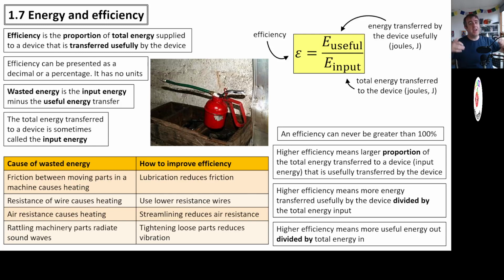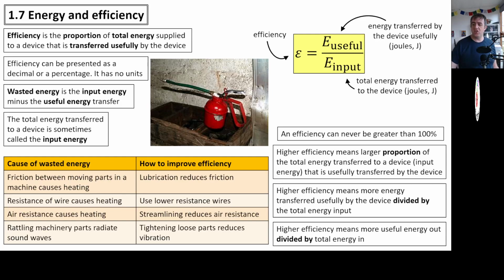But the energy that comes out, some of it will be useful, going into a useful energy store, some of it will be going into a wasted energy store. The total energy going to the wasted energy stores plus the total energy going into the useful energy stores is equal to the total energy that's gone into the appliance. That's conservation of energy. First law of thermodynamics.